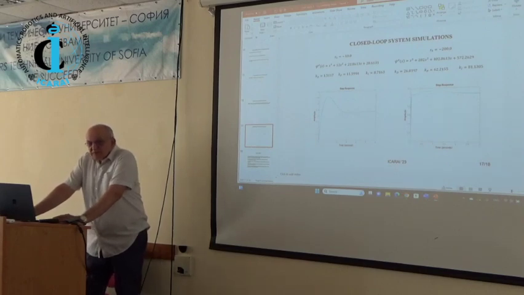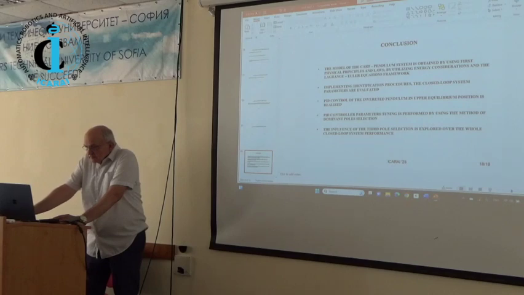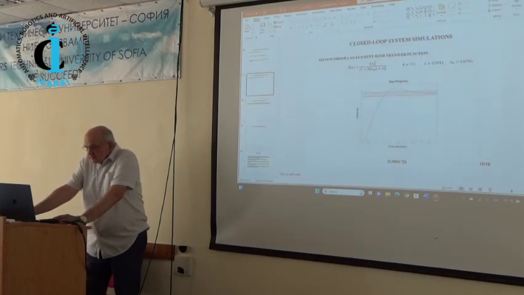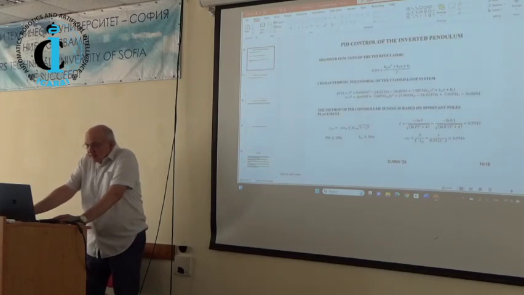But here we have a restriction from the non-minimum phase zero of the plant. If we choose a very large module pole of the closed loop system, then we obtain very large undershooting.